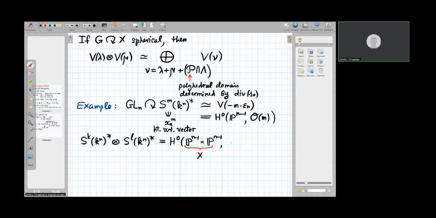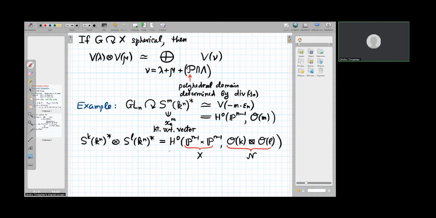So we take O(k) outer tensor product with O(l). And this will be my line bundle M in the previous notation, which I consider over my double flag variety X. This will be N. Okay?